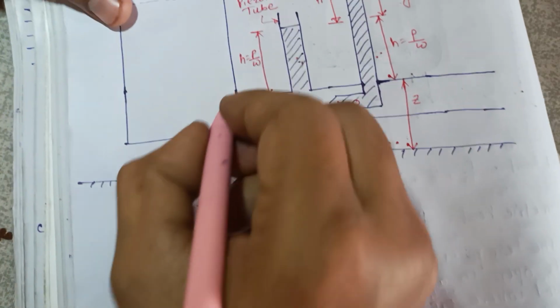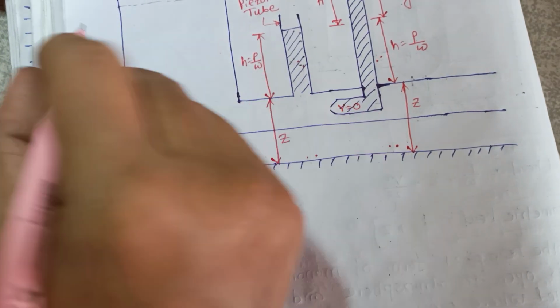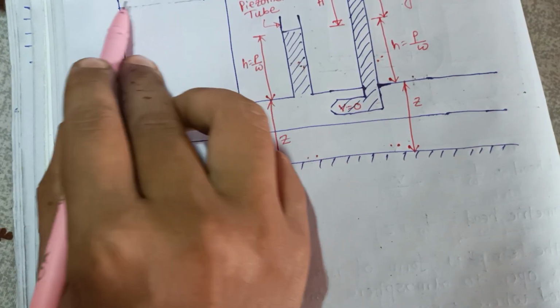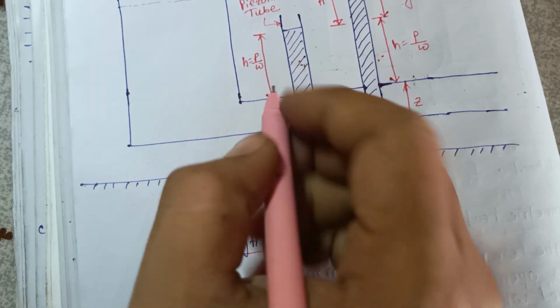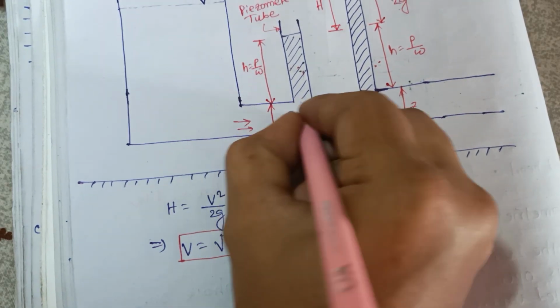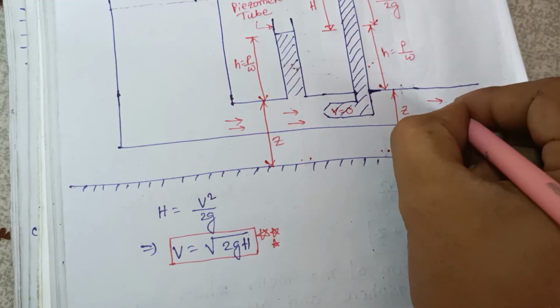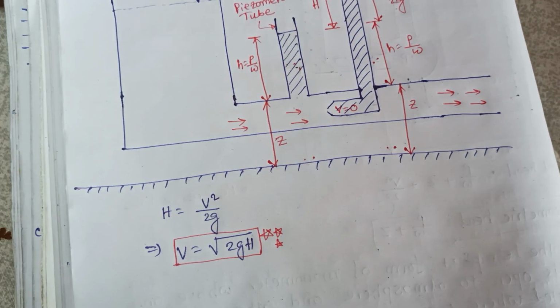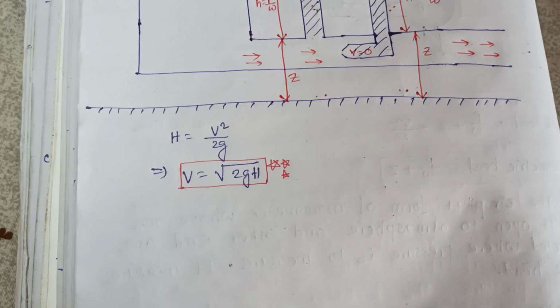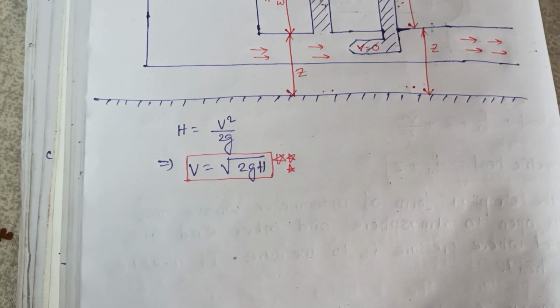Consider here the liquid level is constant, and the liquid is flowing in this way. So this is all about the manometer, means piezometer.